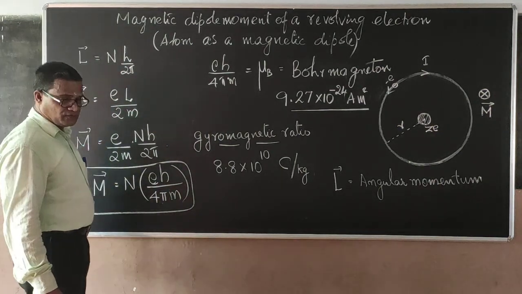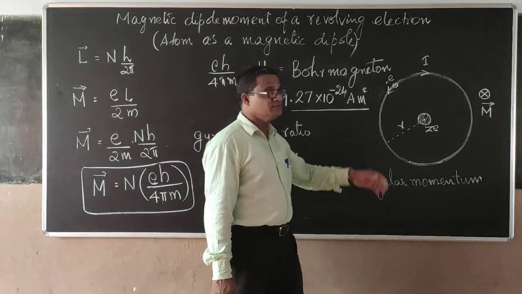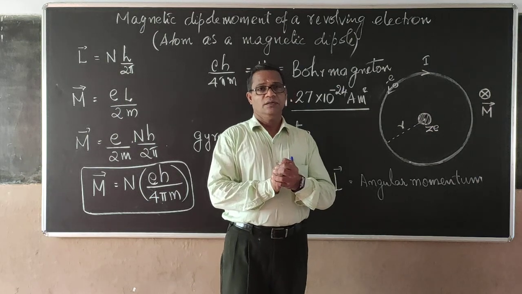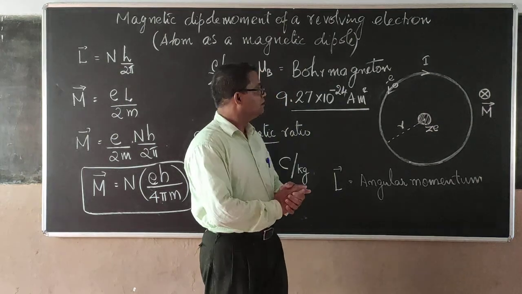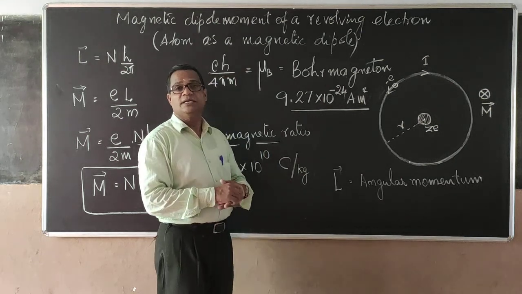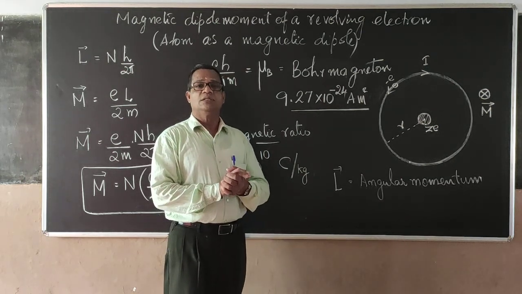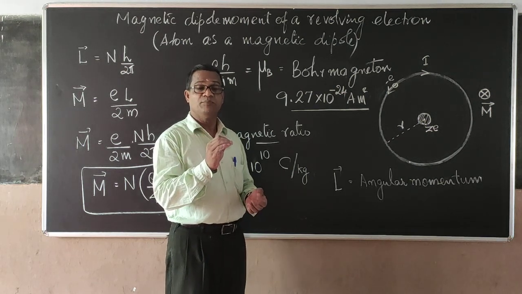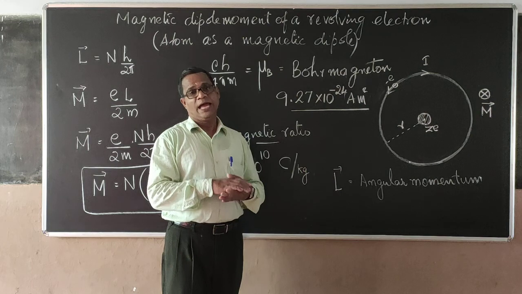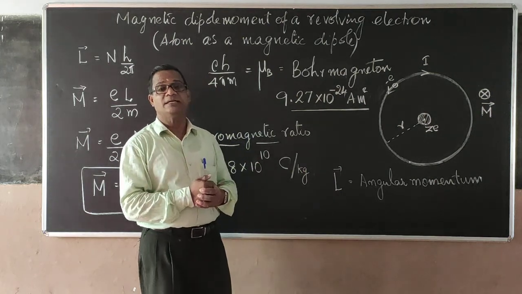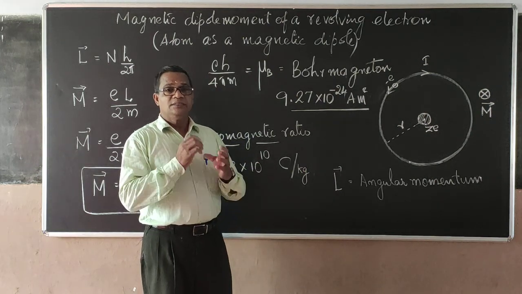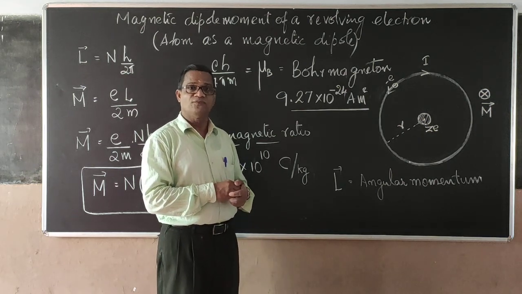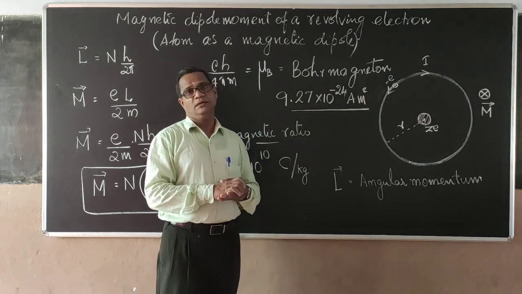So in effect what we are saying is that an atom with an unpaired electron in the valence band will possess a magnetic dipole moment, and we call that the atomic magnetic dipole moment. The atom acts as a magnetic dipole. And this type of atom defines the magnetic behavior of the material.